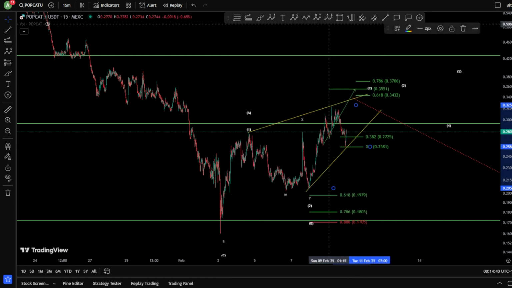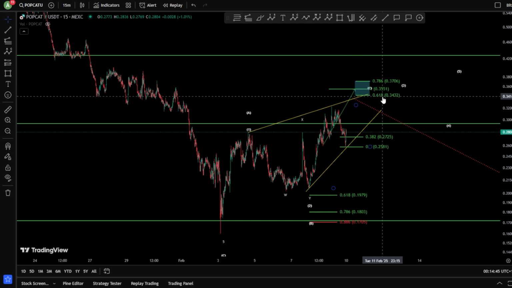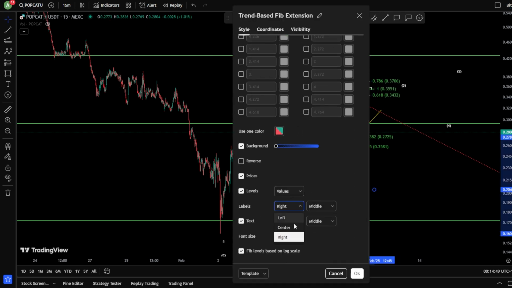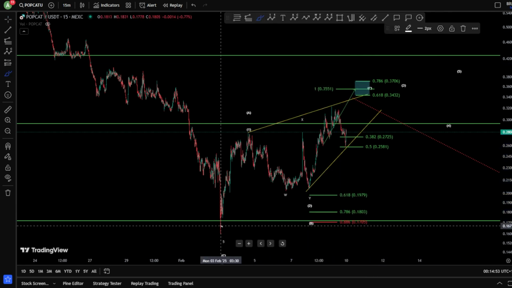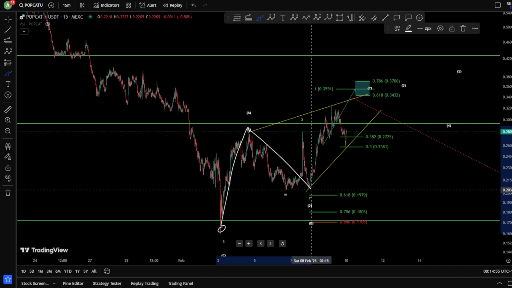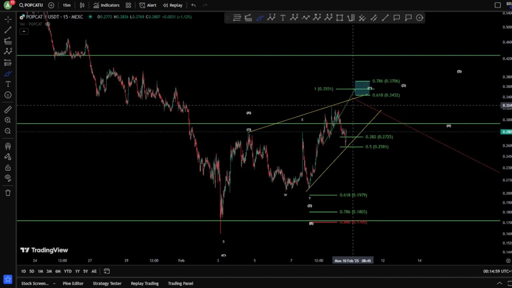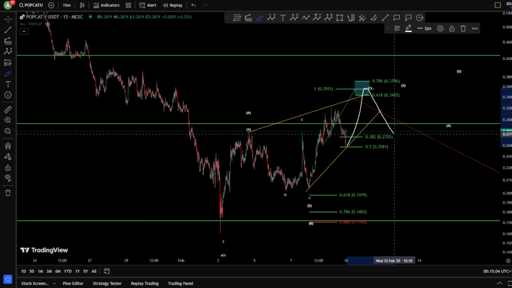As you can see, they are in confluence with your 1-to-1 fib level as a zigzag. This 1-to-1 fib level is your zigzag taken from the extreme bottom to the A, B, and a C. So be careful from this zone. It's a conflict zone here. Anyway, you will move toward the downside.